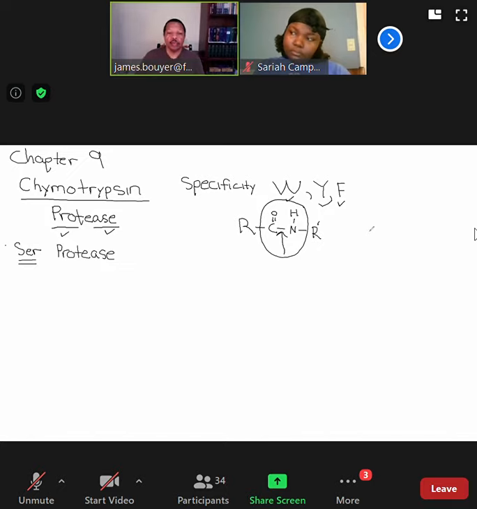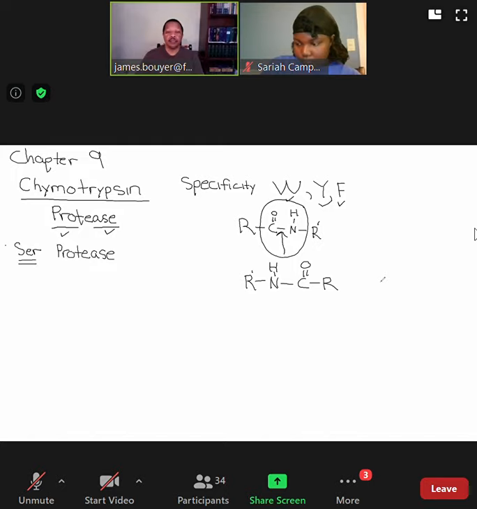In other words, when we get ready to do the mechanism, we're going to have R prime, then the nitrogen, put the hydrogen up, then the carbonyl with the oxygen up, then R. This is now our substrate.